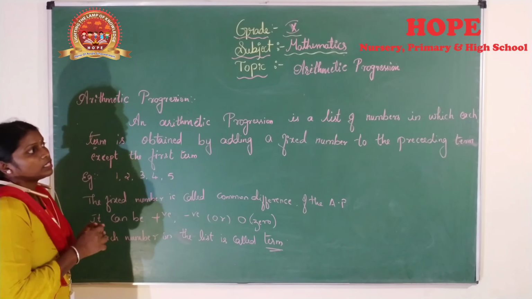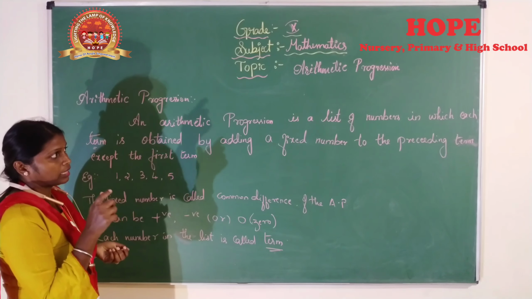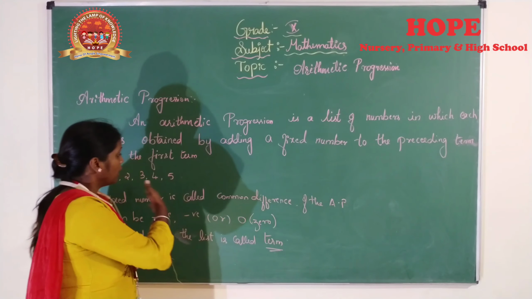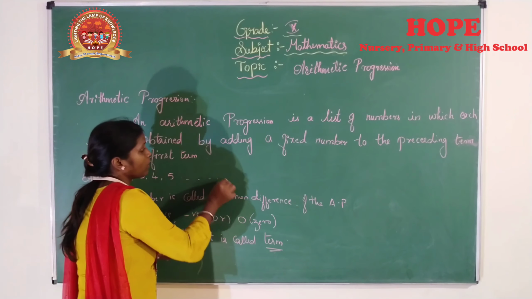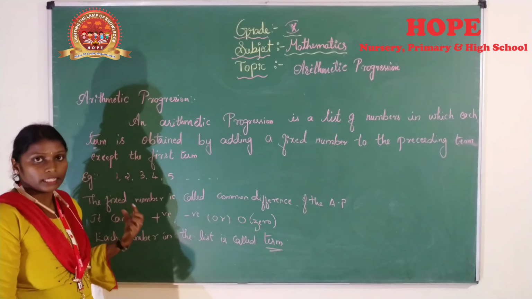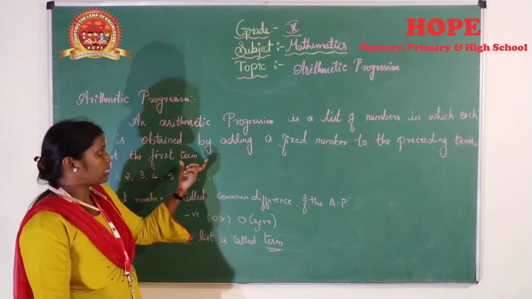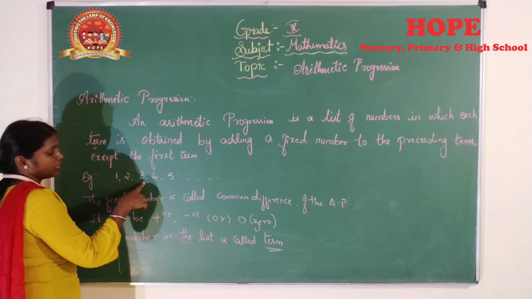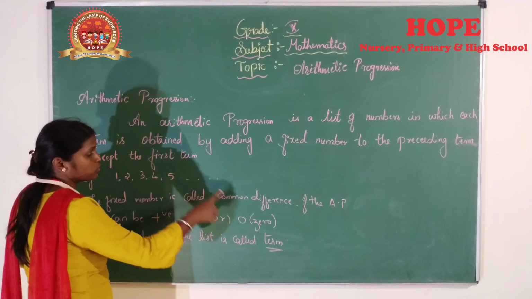There is one fixed number. That number will be added for each and every term in the sequence, but it will not be added for the first term. Okay, that's what it states. For example, 1, 2, 3, 4, 5, and so on and so forth.